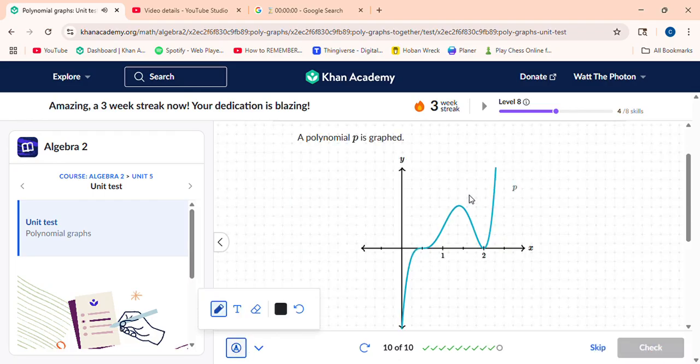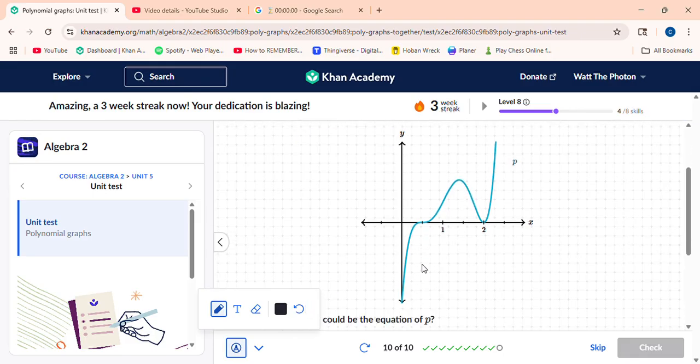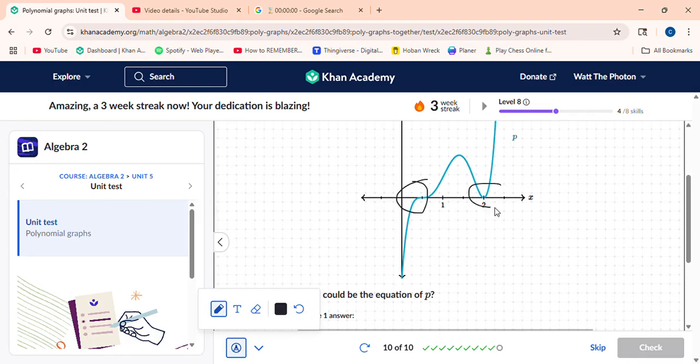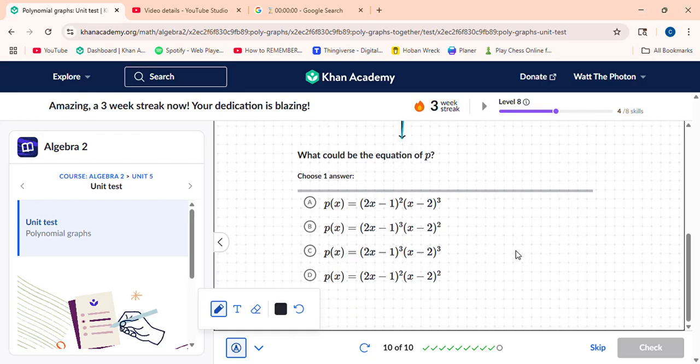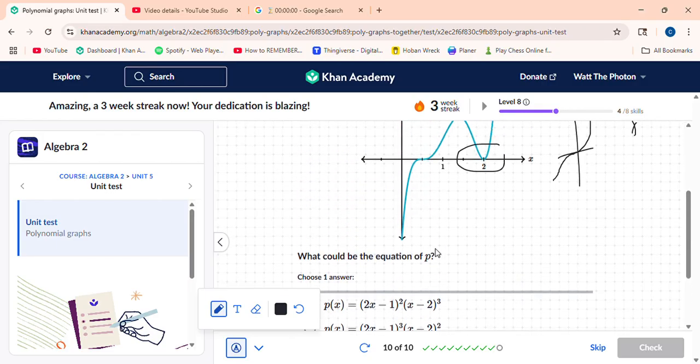Polynomial p is graphed. Okay, but it has a hitch. I'm a little concerned right there. It touches twice. It touches once. It touches twice right there. I have this function. Let's execute. I think it's cubed right there. So what's that, 0.5?